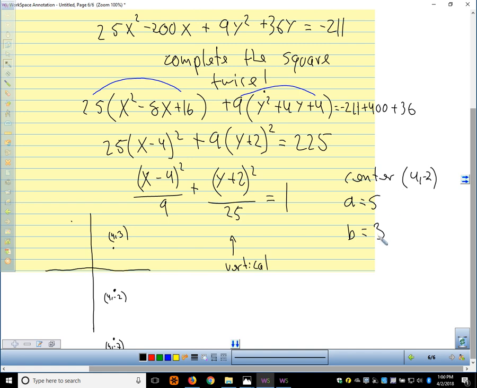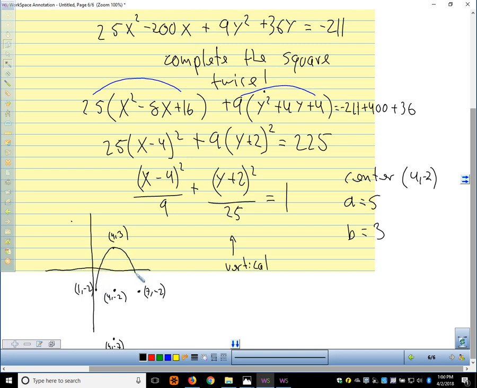And I go left and right to get to my co-vertices by 3 units. So this is going to put me at (7, −2) when I go right, and I'll be at (1, −2) there.